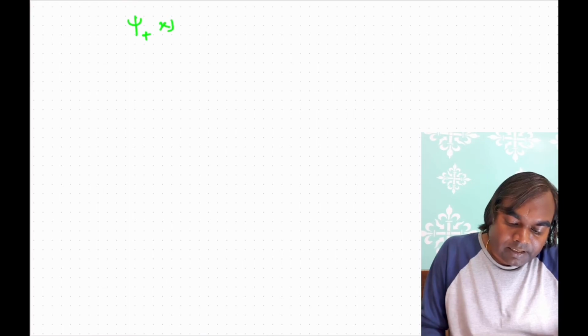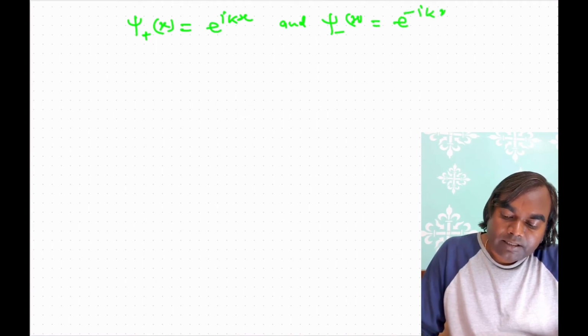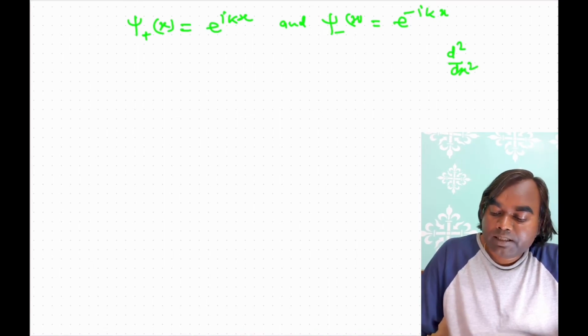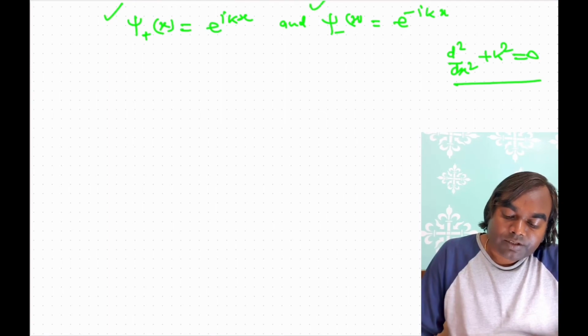So, two solutions can be given by ψ+(x) = e^(ikx) and ψ−(x) = e^(−ikx), because d²/dx² + k² will give two values. So accordingly it will give two solutions.